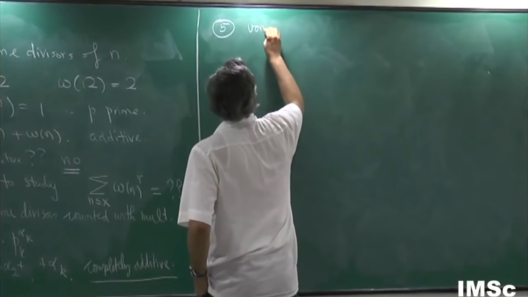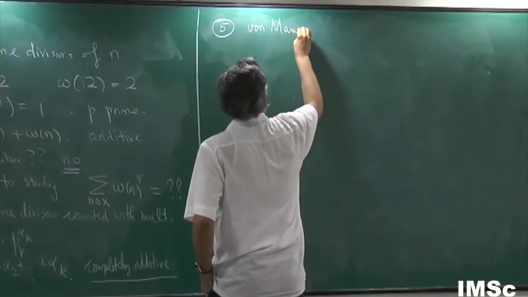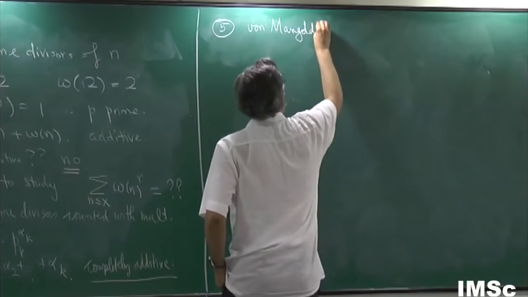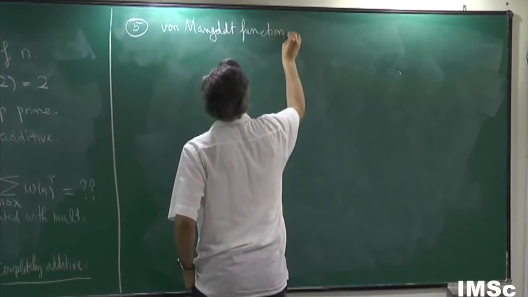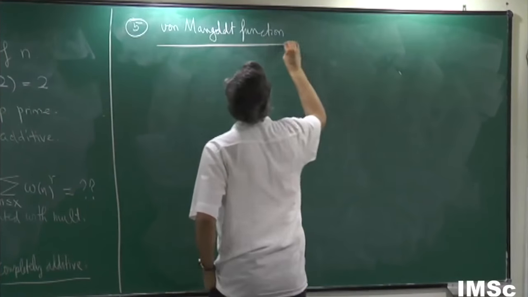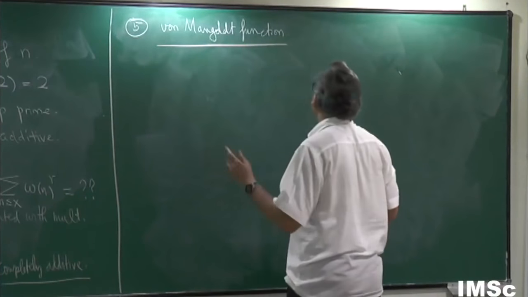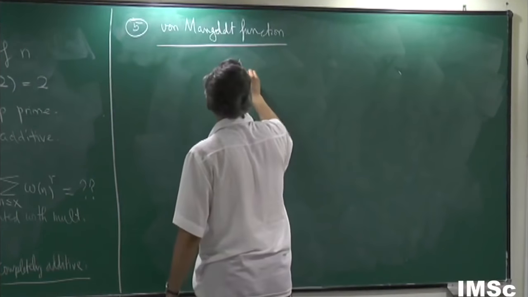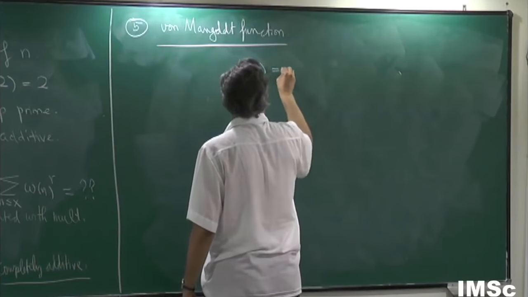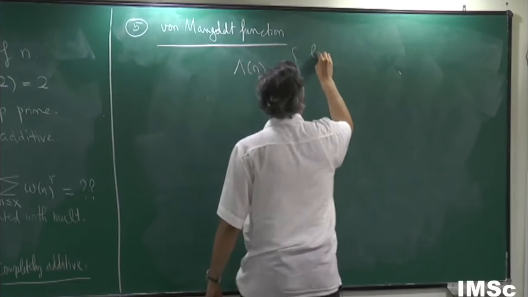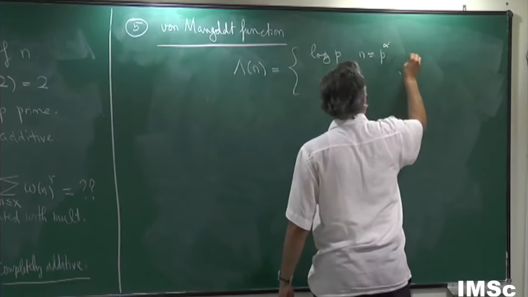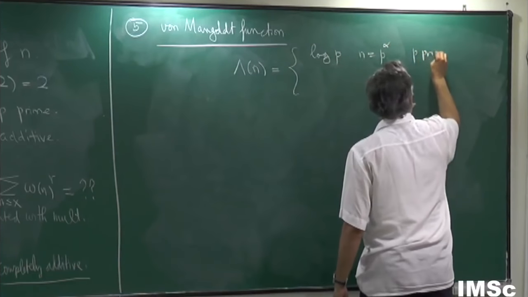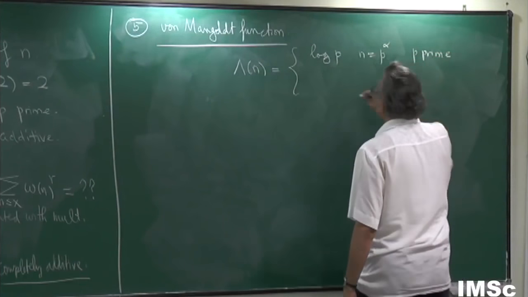This example is called the von Mangoldt function, after the person who discovered it. Very useful notation, I suppose. This function is defined as follows. Lambda of n is equal to log p if n is a prime power, p to the alpha, p prime, and it's 0 otherwise.